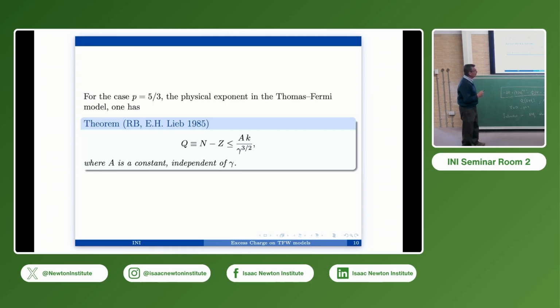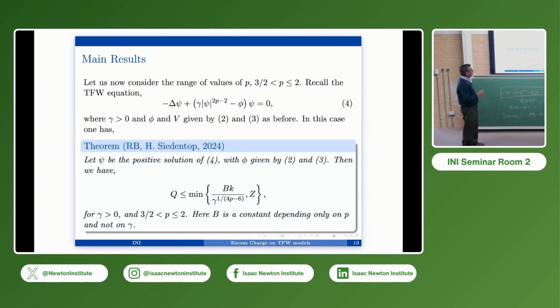And the way to prove that, that's what we want to prove. When p is between c halves and 2, we have that Q is less than the minimum of these two quantities, and if gamma is big enough, Q is less than 1.